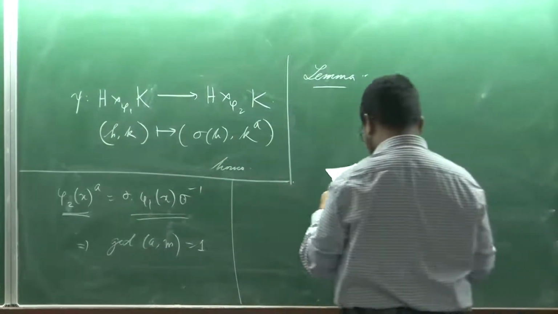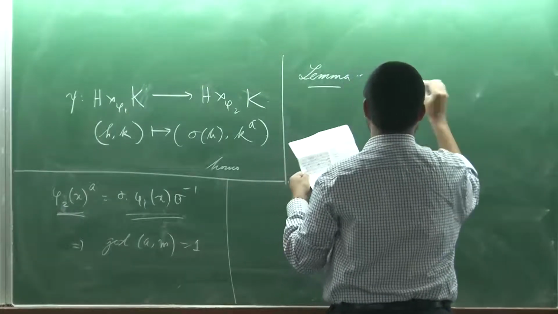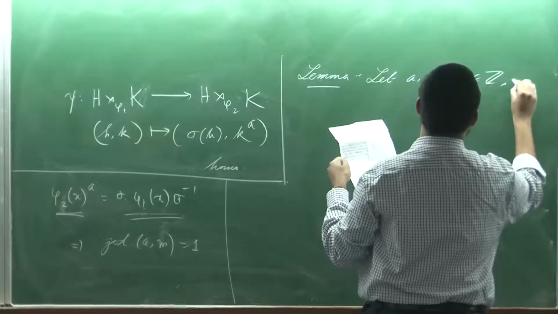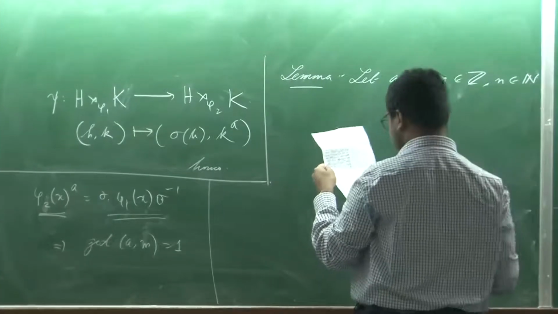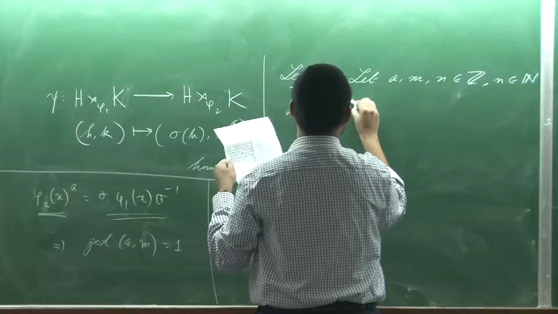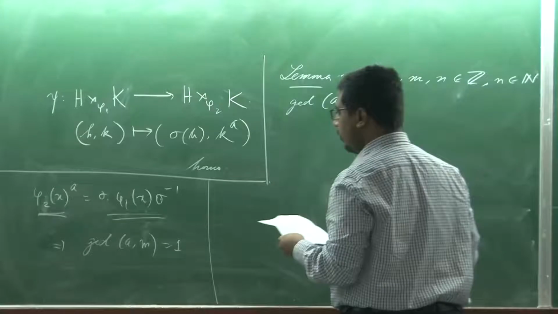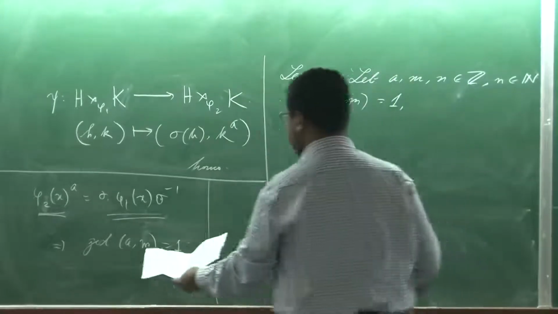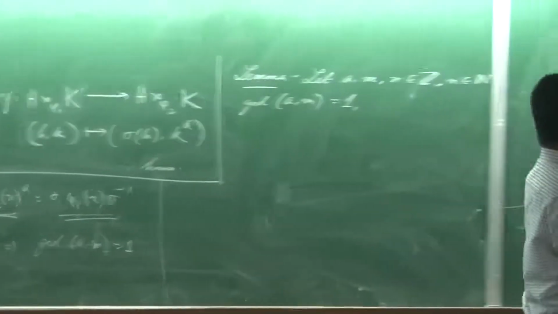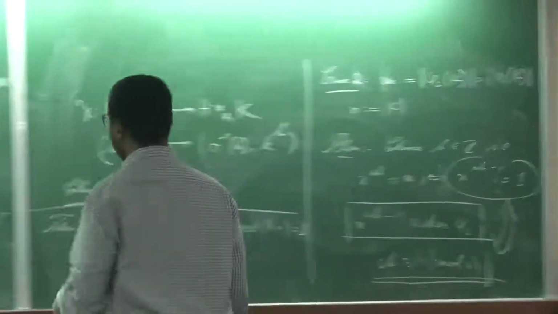it simply says the following, this is a general lemma. So, let A, M, n be integers, and in fact we can take n to be a natural number, and GCD of A and M is 1, and of course we do have M divides n, that has to be there, because M is the order of the image, that has to be a divisor of the order of k, which is n.